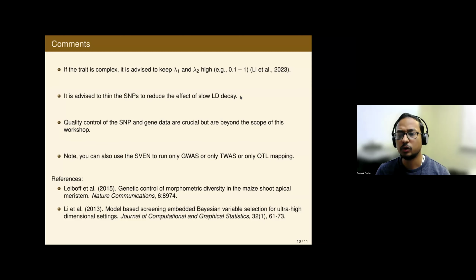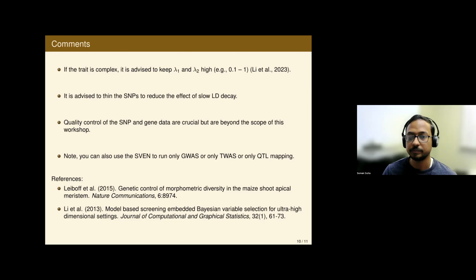But it is also a good idea to thin the SNPs, because there are so many SNPs. It's advisable to thin the SNPs to reduce the effect of the slow LD decay, to make sure that there are no highly correlated SNPs that steal the effects of one another.